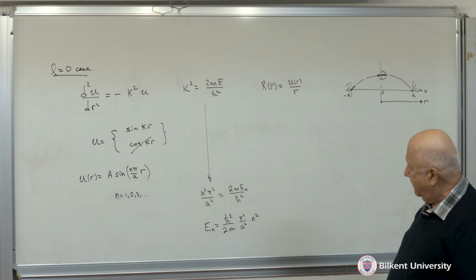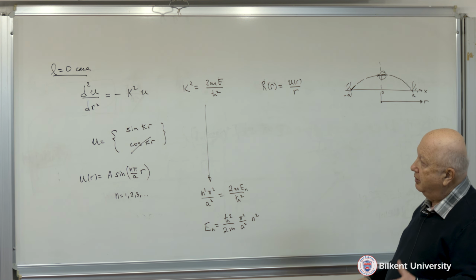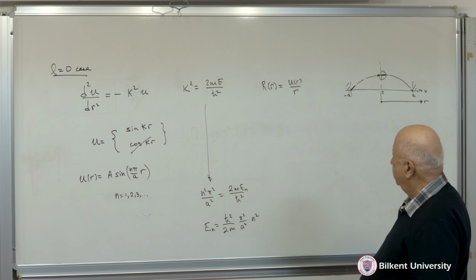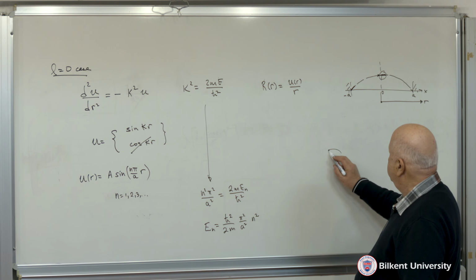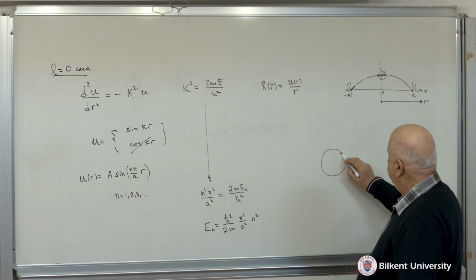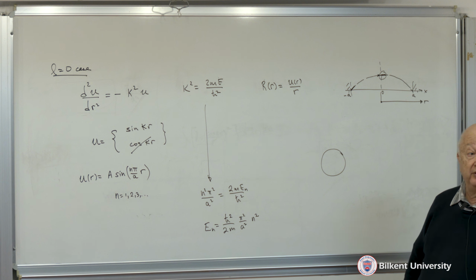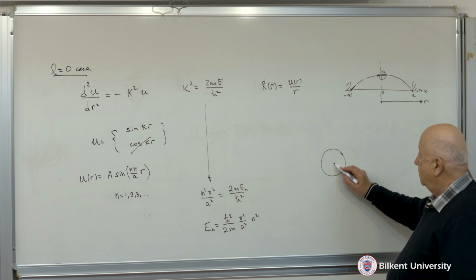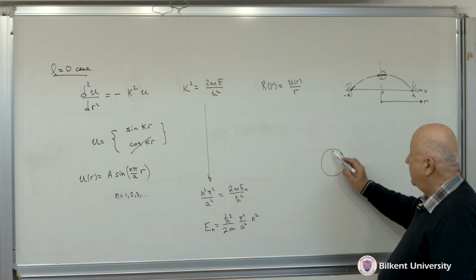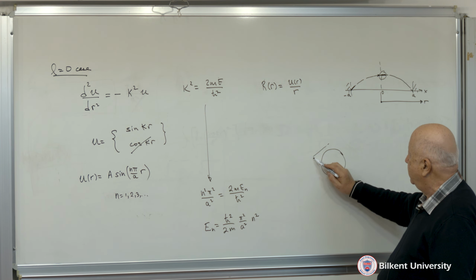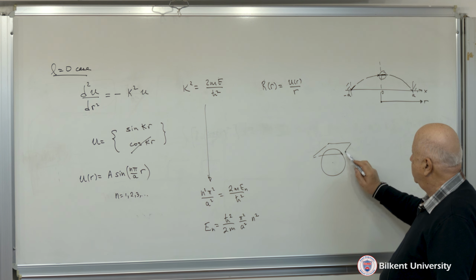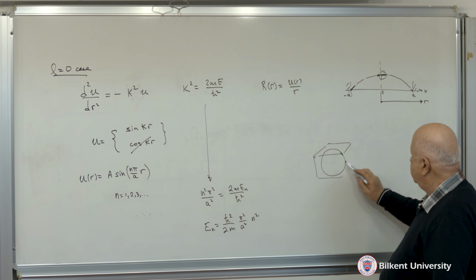Let's perhaps compare this with a cubic quantum well. This is my particle in a box, in a spherical box, for the spherical case, a sphere with radius a. What would happen if I put the particle not into the sphere but into a cubic box which just encloses that sphere?